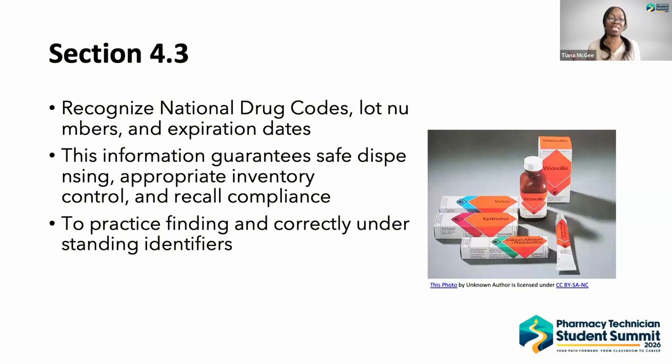To practice the findings and correctly understanding identifiers is, I would say, use labels. Okay, so then your resources will come into play here. Use those labels, study a label. If you don't have a book at home, look at the labels when you're in the pharmacy if you're able to, and study those labels. You'll find that the manufacturer will place a certain section in the same spot every single time, especially if that manufacturer makes more than one drug.